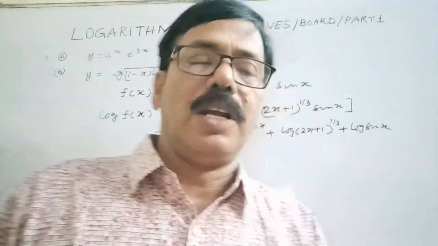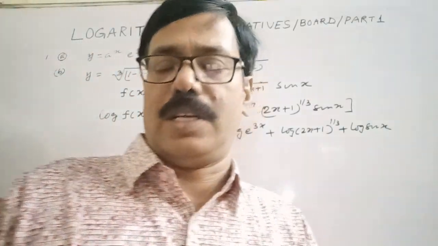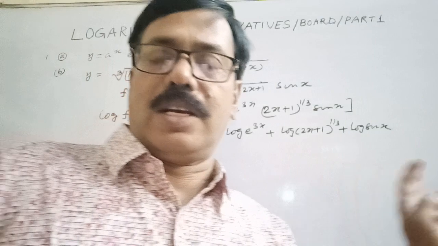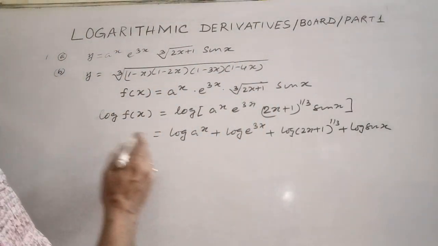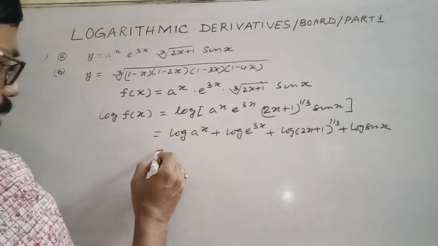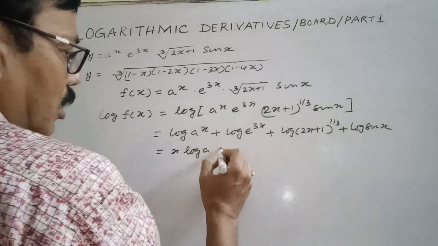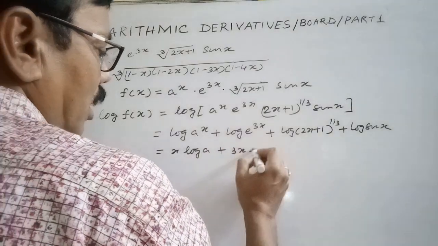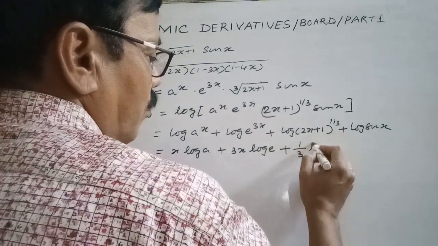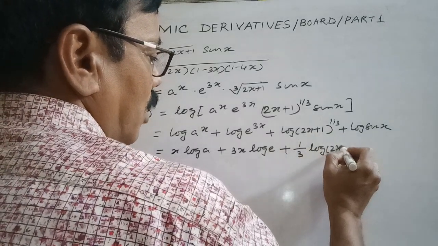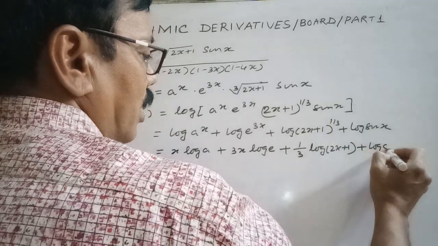In mathematics, whether it is log or ln, we consider base e, not base 10. So log f(x), now you simplify it. So x log a, 3x log e, log e is 1. Power comes forward, log (2x plus 1), and this is log sin x.